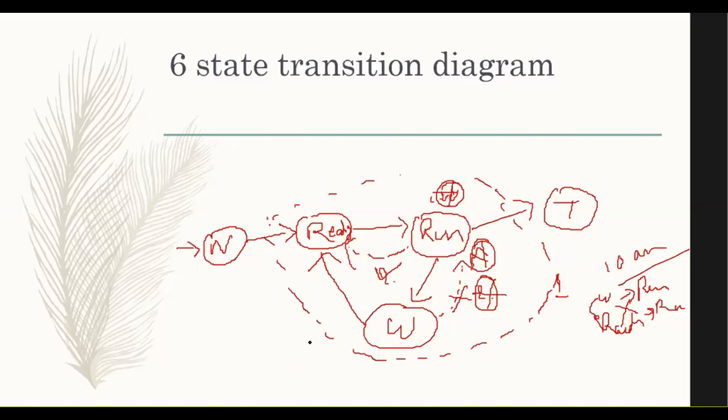Hence, we have another state that is known as the suspended state. Please be careful. This is one waiting state; in a few books, it is known as the blocked state. And this is the suspended state. Suspended state is in hard disk.